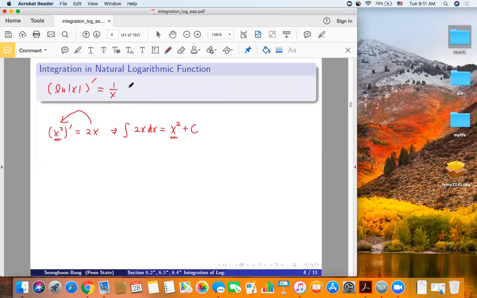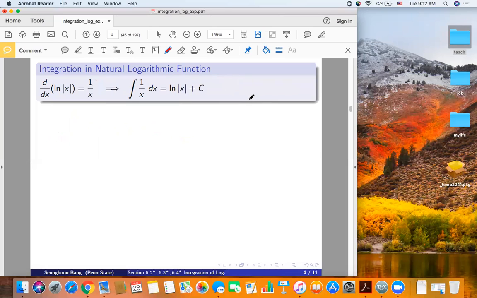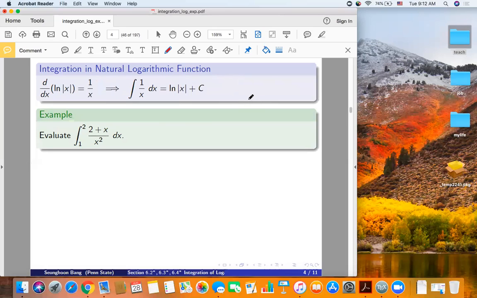So from here, the integral of 1 over x dx is ln of absolute value of x plus c. This is the idea of a natural logarithmic function. Okay, so we have it like this.